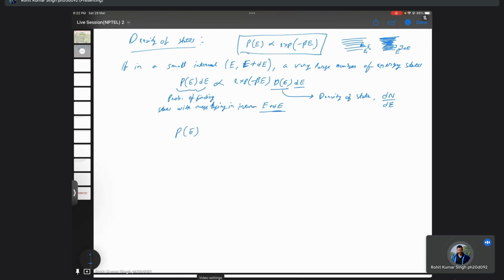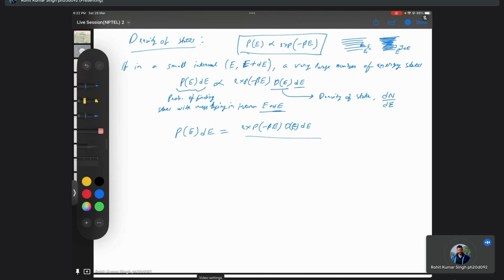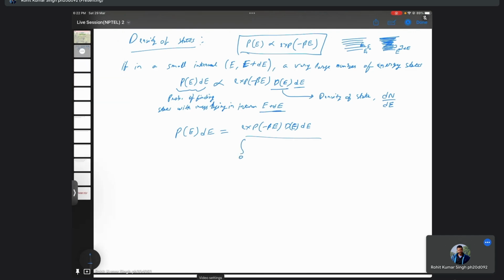Similarly, like we did before, we can take the normalization, which is just the sum over, or sorry, in this case the integral from 0 to infinity, over all the states.